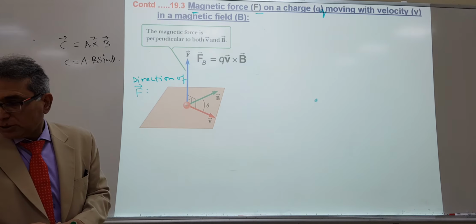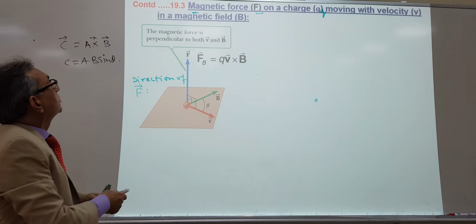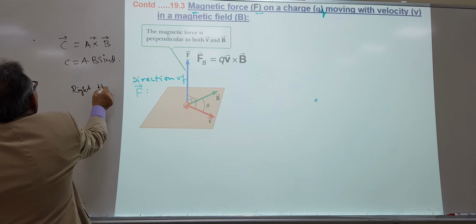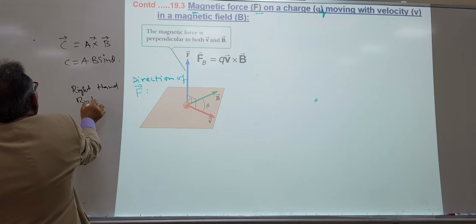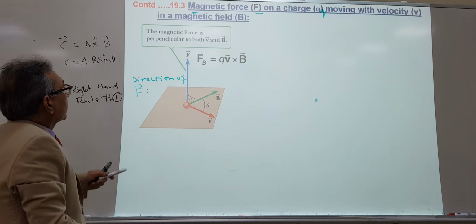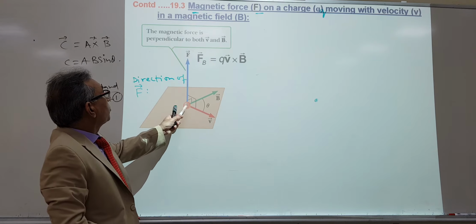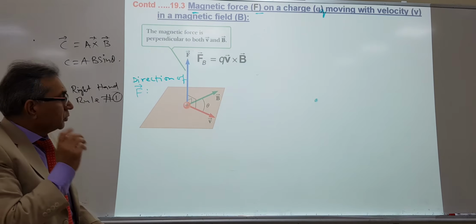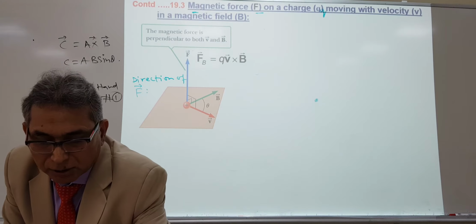Right hand rule number 1 to find out the direction of the force on the positive charge when it is traveling in the magnetic field.